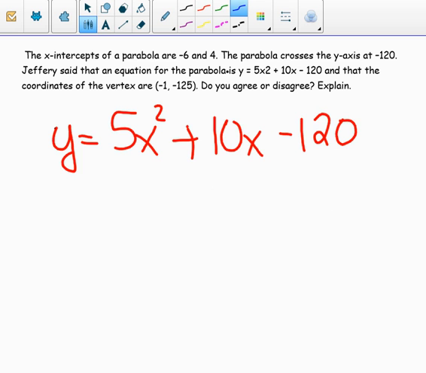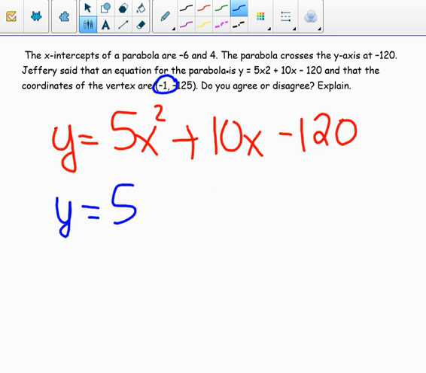We have to solve for the point, just checking if -125 is really the vertex or if it is just joking around. We have the x point right here, -1.